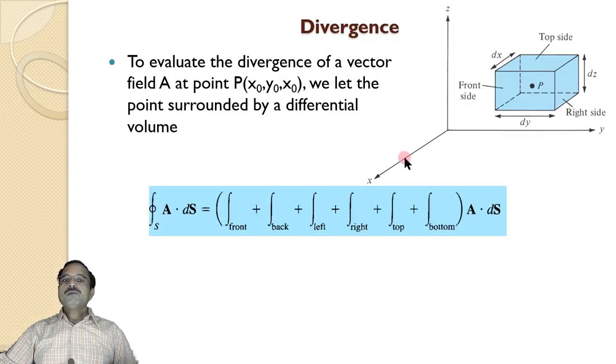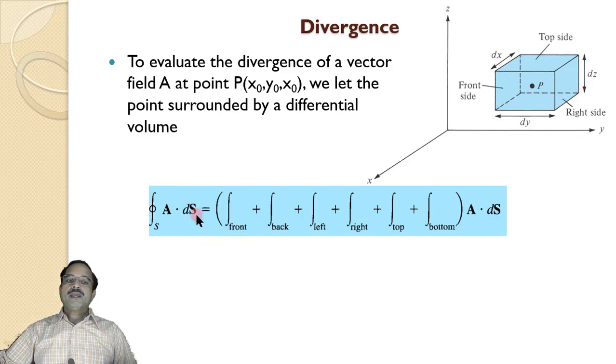Now to derive the mathematical expression for divergence, we assume some small point P surrounded by a differential volume. This differential volume is given in terms of the product of small incremental lengths dx, dy and dz.